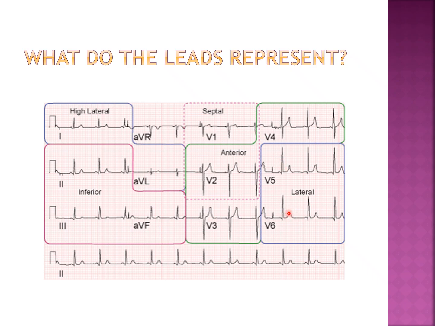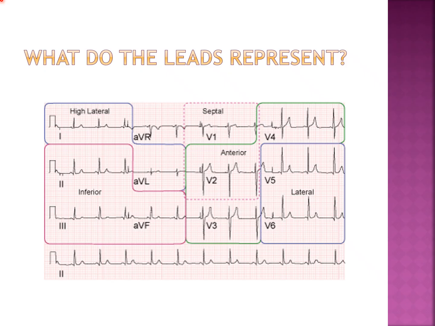So if we have a problem in the lateral portion of the heart, we should see changes in 1, AVL, V5, and V6. Then our inferior leads are 2, 3, and AVF. Think about where that camera was when we were looking at the camera for lead 2 and lead 3. The left leg is positive always, and in AVF the left leg is positive.